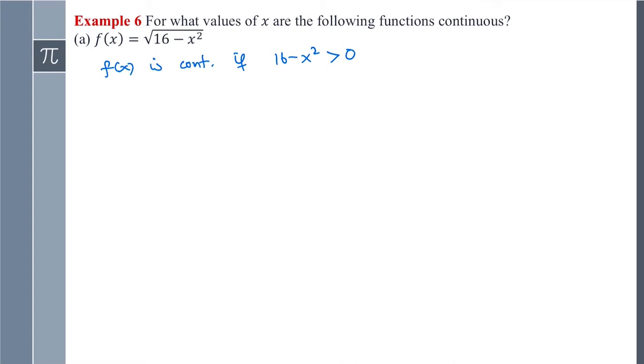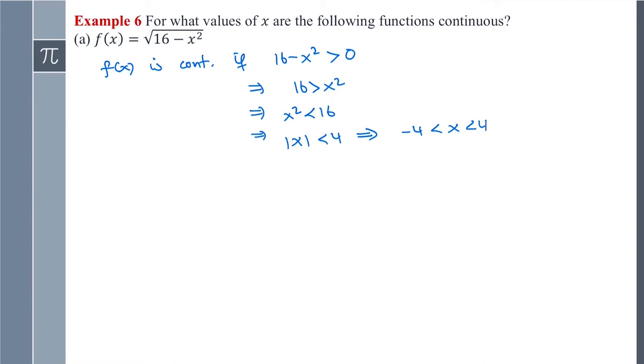Now this implies that 16 is greater than x squared, or we can also write x squared is less than 16. Now if we take the square root, we get absolute value of x is less than 4, which means x is between -4 and 4.